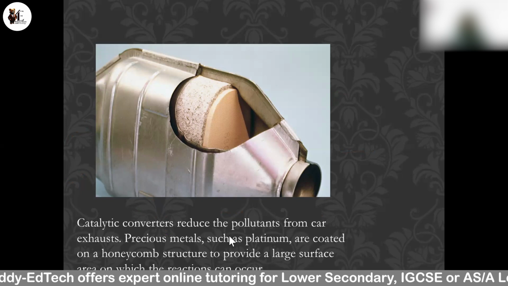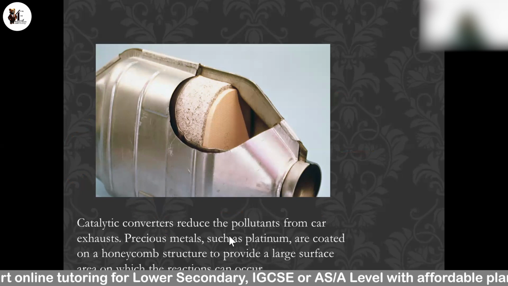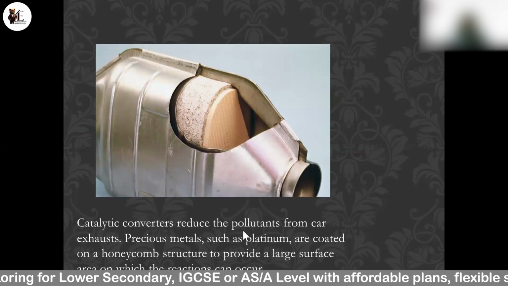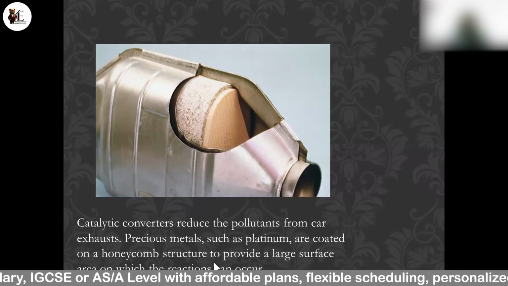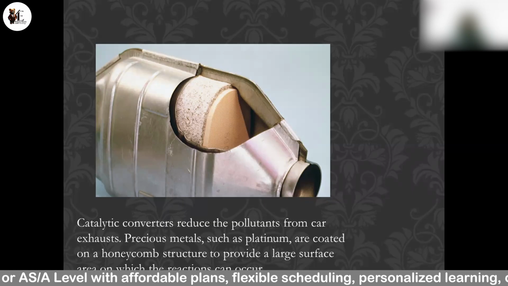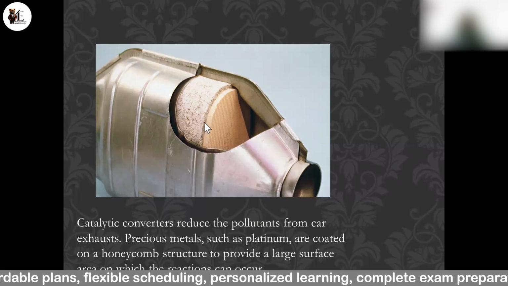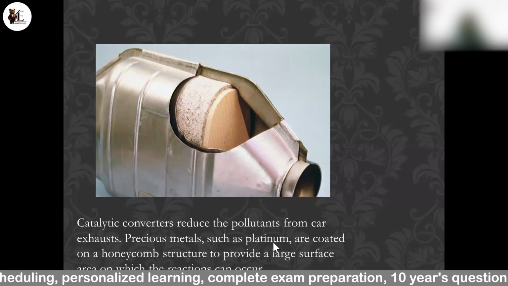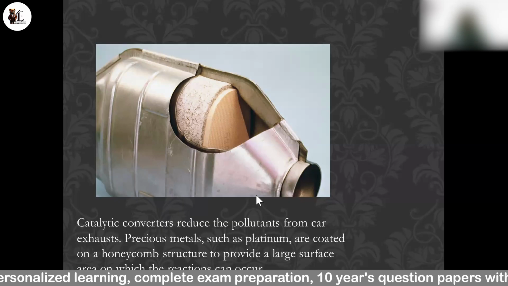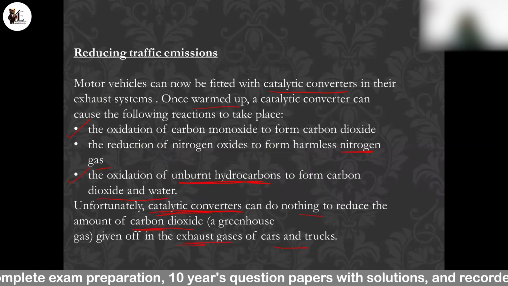Pollutants means nitrogen oxides, carbon monoxide and volatile organic compounds. Precious metals such as platinum are coated on a honeycomb structure to provide a large surface area on which the reactions can occur. If the surface area is large, then the rate of reaction increases. So write it down.